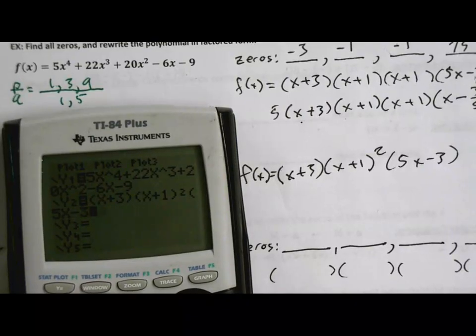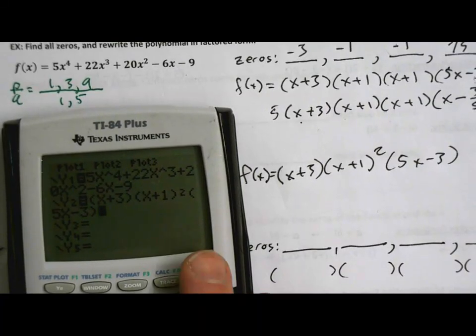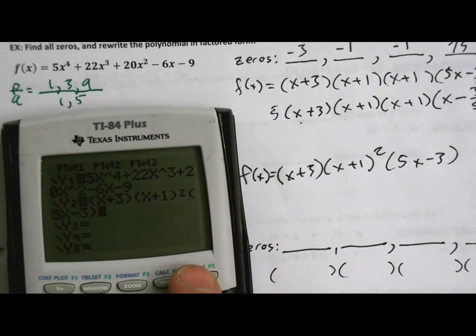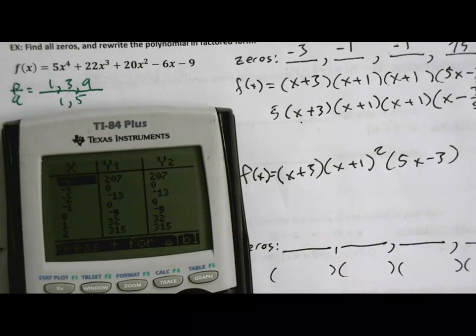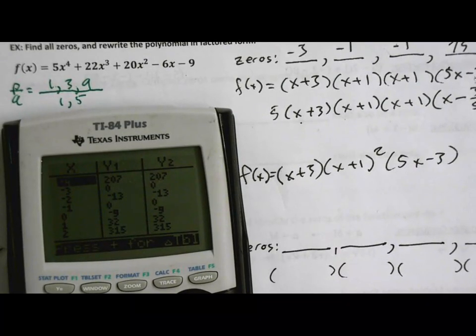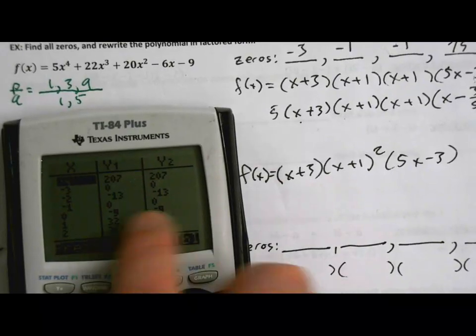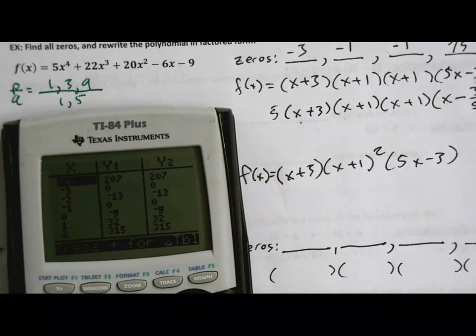And I'm actually going to look at the table rather than the graph, because I'm lazy, and I'm not lazy. I'm in a rush, and I don't want to wait for the thing to graph. It takes forever. The table will come up really quickly. And if I look at my table and I'm seeing the same values in y1 as I am in y2, then I'm convinced that those are correct. That's enough for me right now, just to see that those y1, y2 values match.